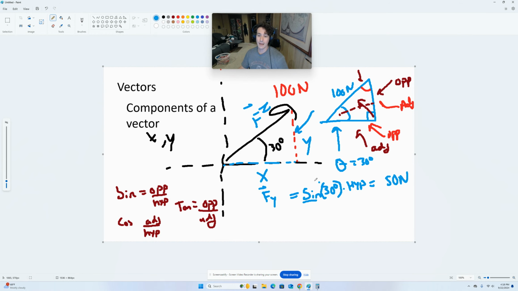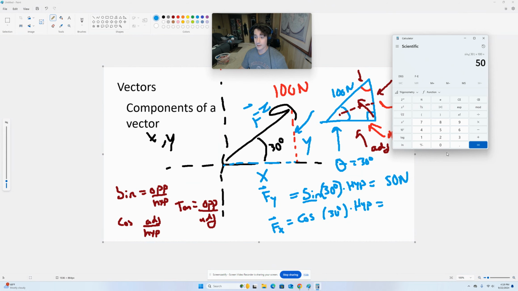And then we can do cosine to find the x component of this. So cosine of 30 times the hypotenuse. This will give us the adjacent side, the x component. So let's see, we say 30, and cosine, do this kind of backwards, times 100, and we're going to get like 86 point something.